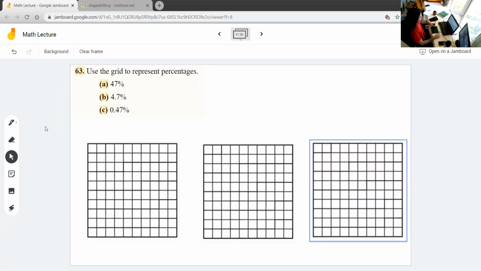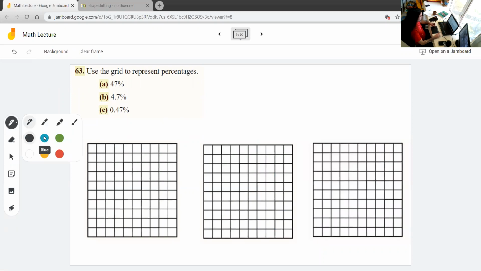So if I wanted to shade 47%, how would I do that on my first grid? How would I do 47 out of 100?